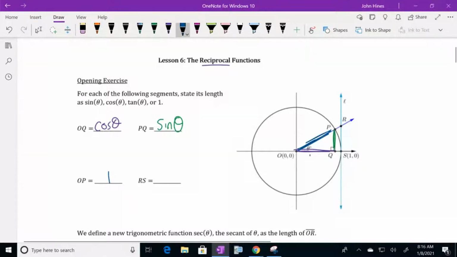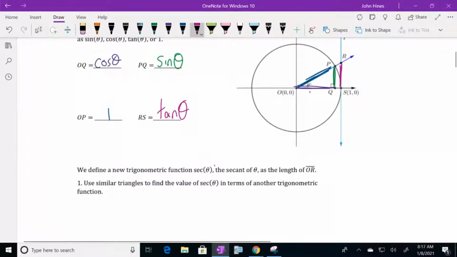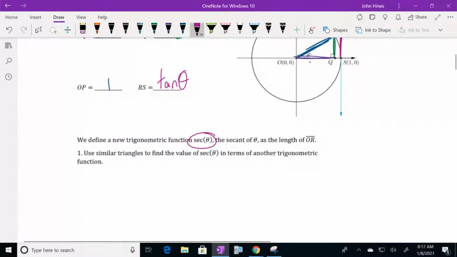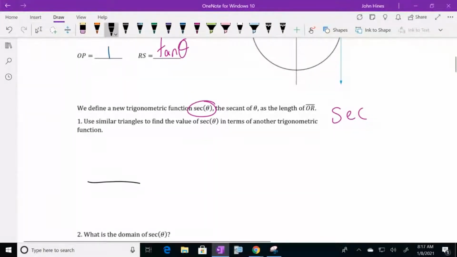And then a couple minutes ago, we defined this vertical distance outside the unit circle, RS, as the tangent of theta. That vertical distance there represents the physical length of the tangent of theta. So there's this other trigonometric function called secant, the secant of theta, which we abbreviate as sec. And the secant of theta is what?